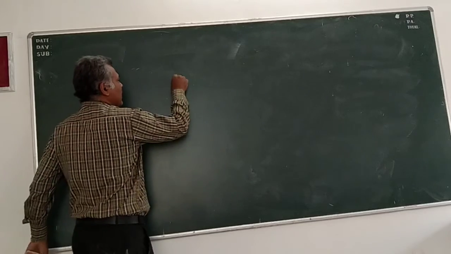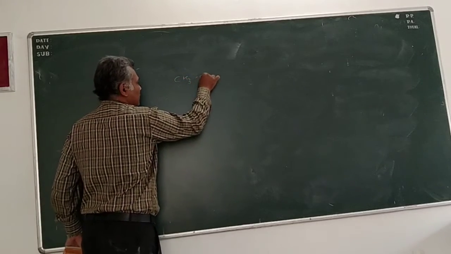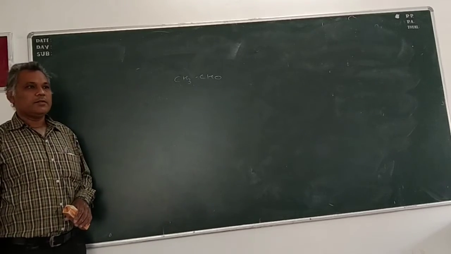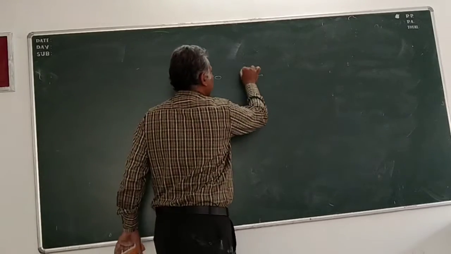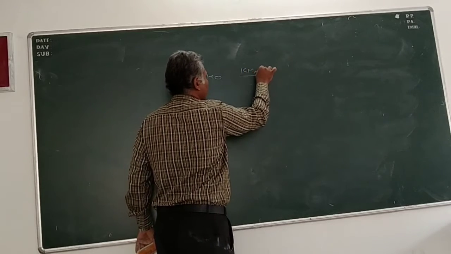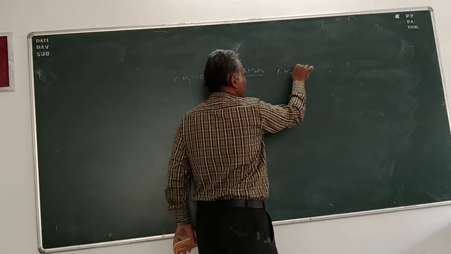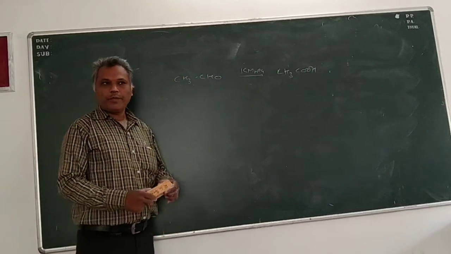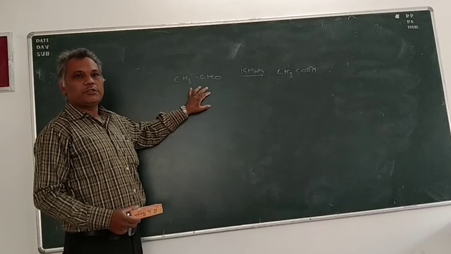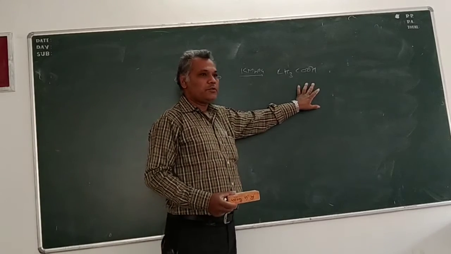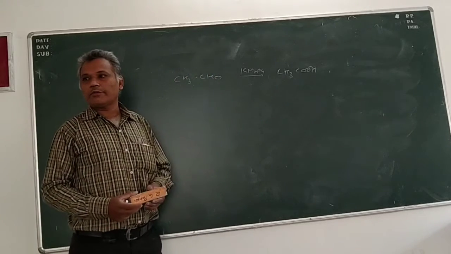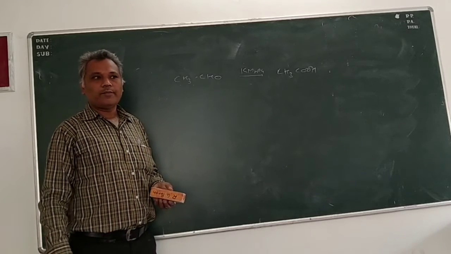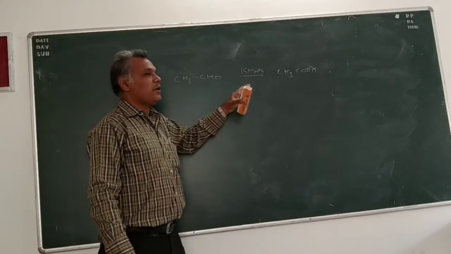When you are having any aldehyde, I'm taking ethanal as an example. When it is reacted with KMnO4, it gets converted into carboxylic acid, COOH. How many carbons are there? 2. How many are there? 2. No change in the number of carbon atoms. Right? If you take even a bigger carbon chain, then also it won't make any disturbance.